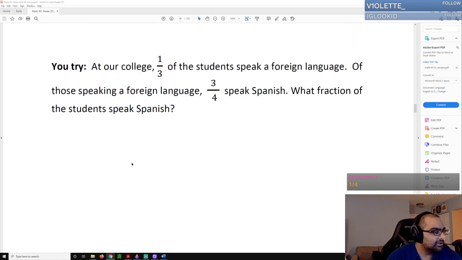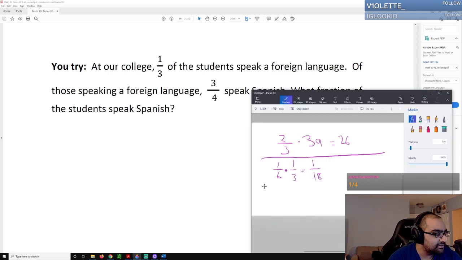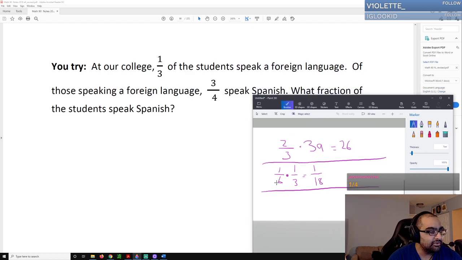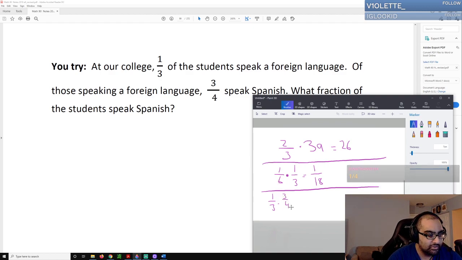All right, let's take a look at this one together. It says a third of the students speak a foreign language. So 1/3 of, and of those, 3/4 speak Spanish. So it'd be 3/4.